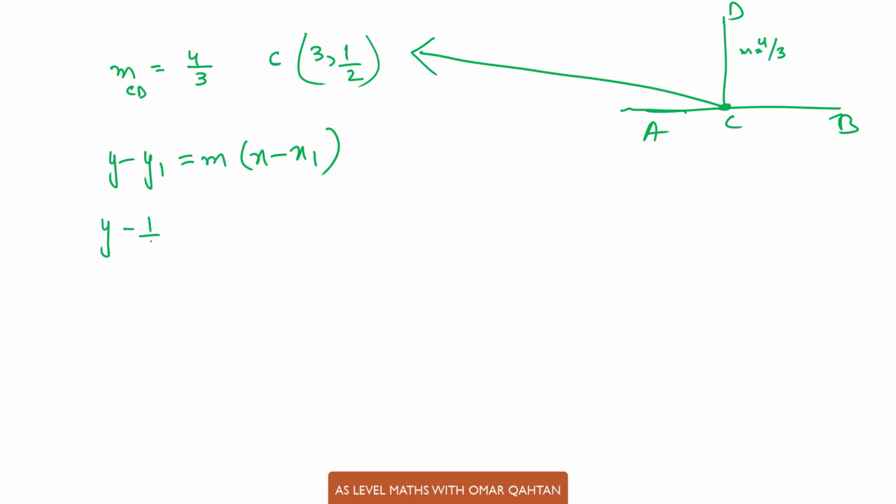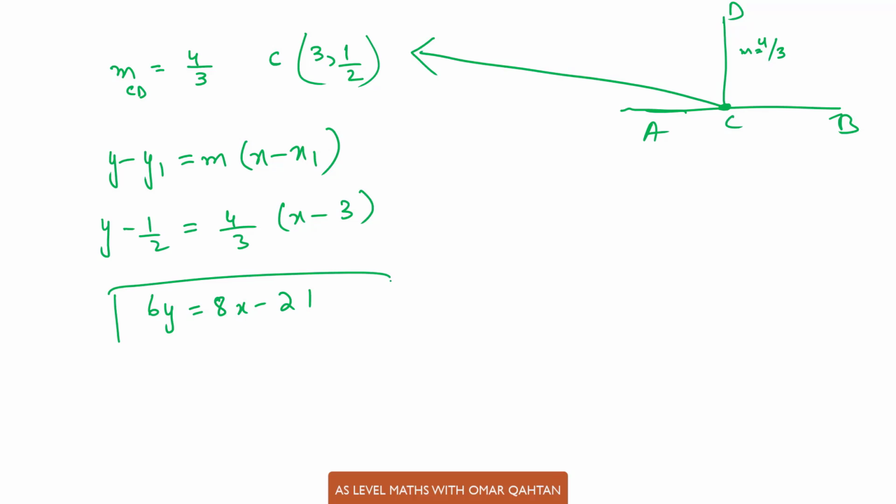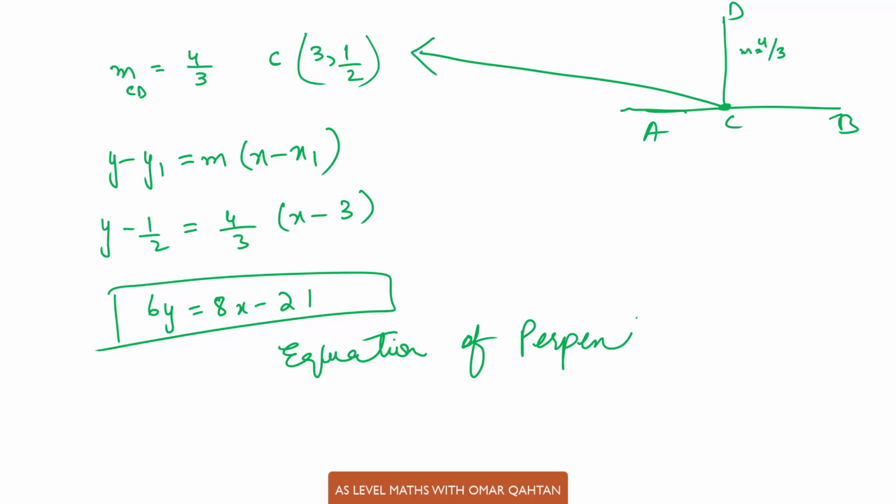So y minus 1 upon 2 is equals to 4 upon 3 into x minus x1 is 3. Alright, so upon solving we get 6y is equals to 8x minus 21. So this is the required equation of perpendicular bisector.